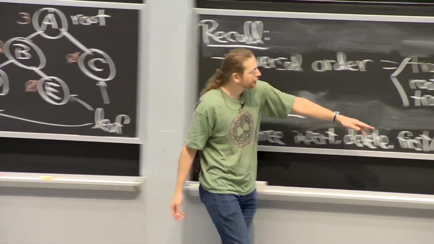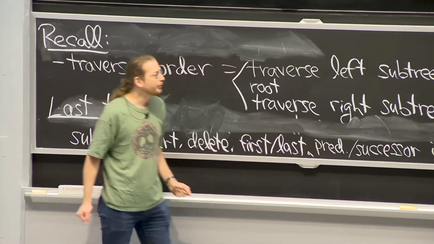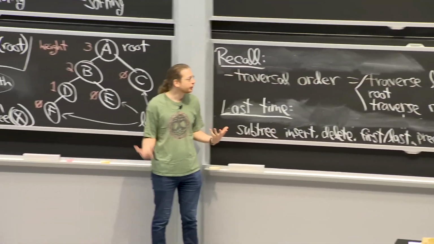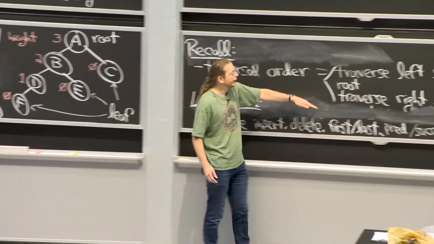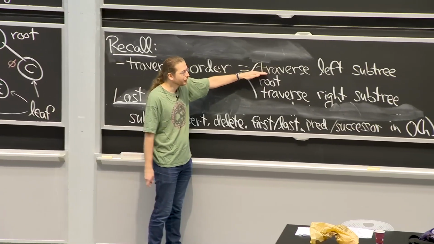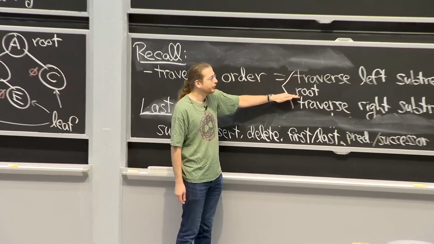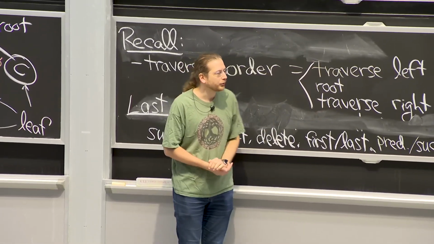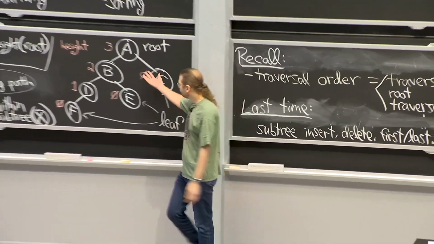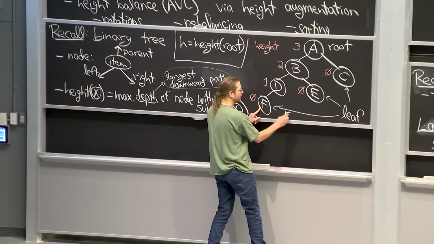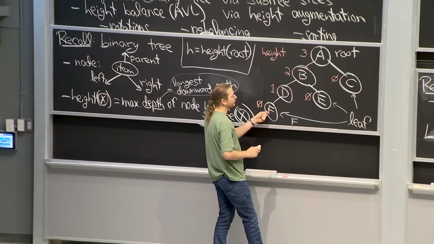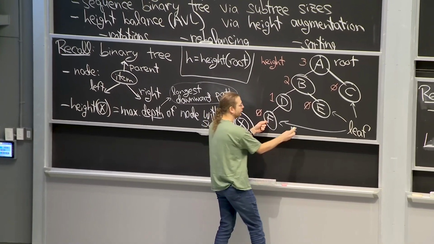And remember, what does predecessor and successor mean? It's talking about an implicit order in the tree, which is what we call traversal order, which is defined recursively as: recursively traverse the left subtree, then output the root, then recursively traverse the right subtree. So in this example, if you go all the way left, F was the first in the traversal order.